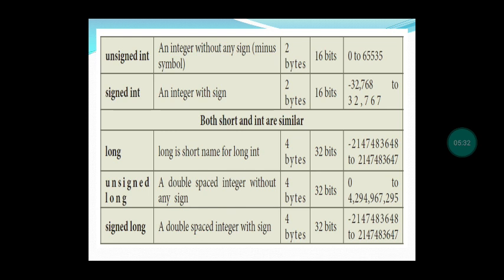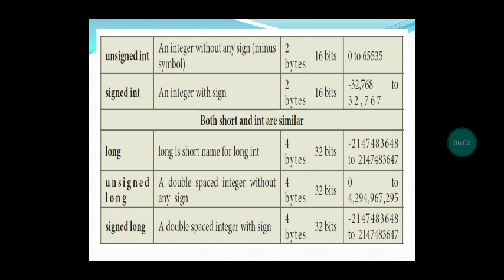And next one, long. Long is a long integer. Integer means 2 bytes. Long integer means 4 bytes, that is 32 bits. Its range also differs: -2147483648 to 2147483647. And unsigned long, that is a long integer without a sign, has double the space, and it has a memory space of 4 bytes, that is 32 bits.